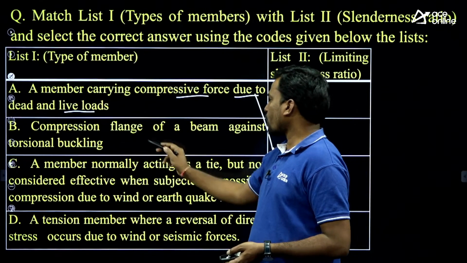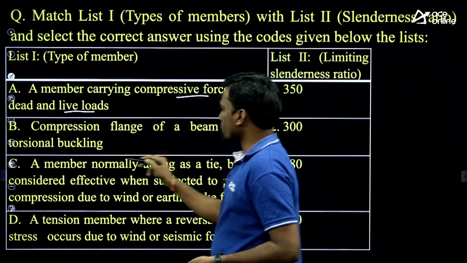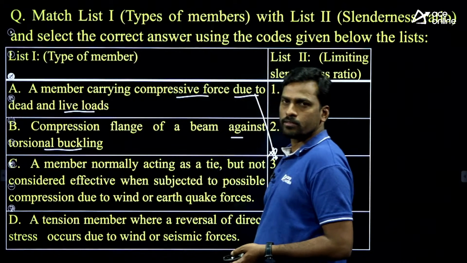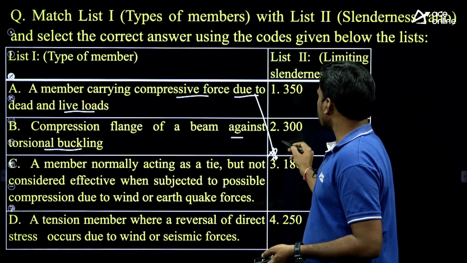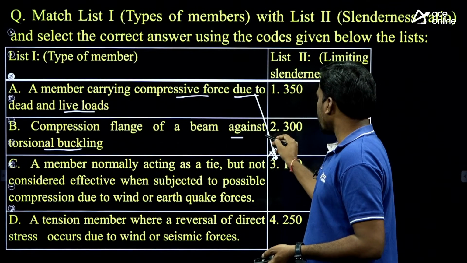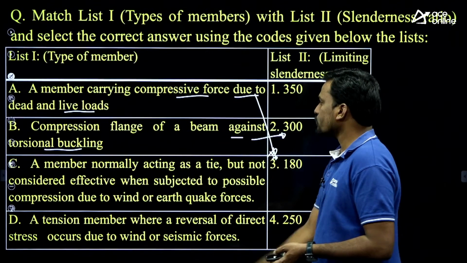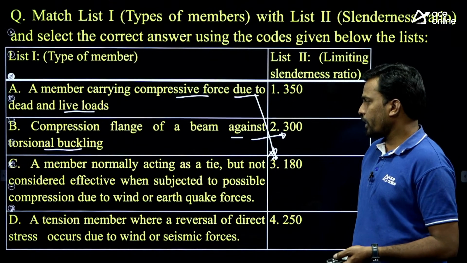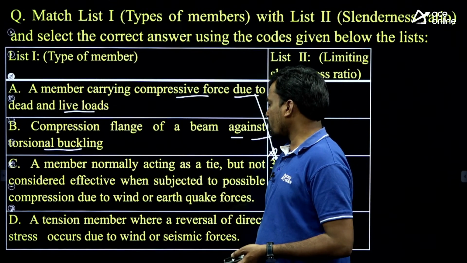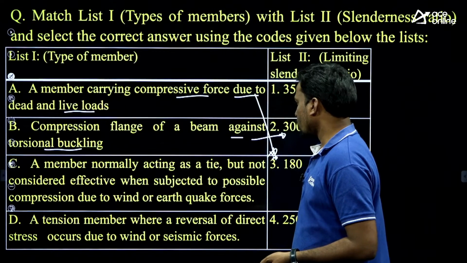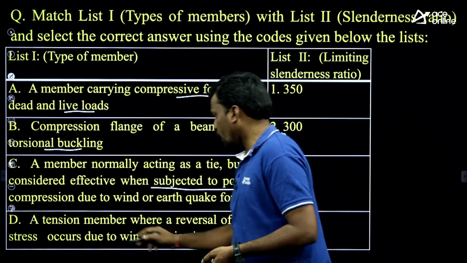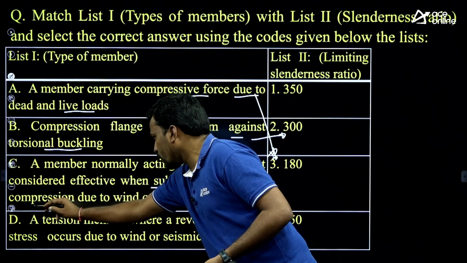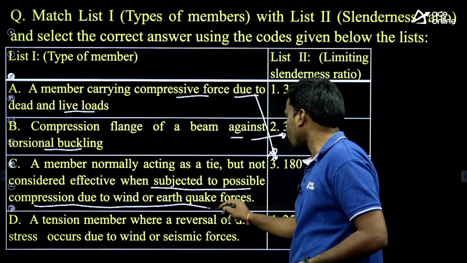Here, compression flange of beam against torsional buckling, this value I gave, it is 300. Next, a member normally acting as a tie but not considered effective when subjected to possible compression due to wind or earthquake force.